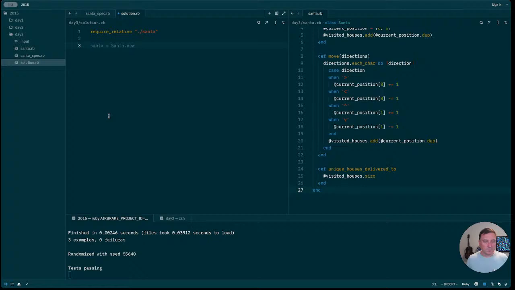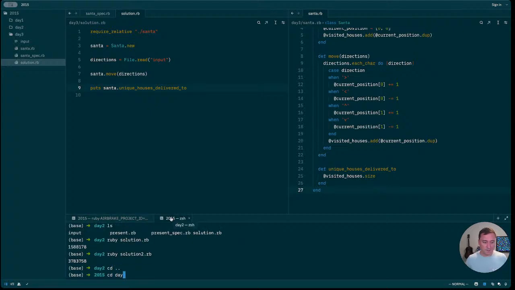We want Santa equals Santa.new. Contents equals File.read input, and Santa.move directions, and then puts Santa.unique_houses_delivered_to. So this one seems pretty straightforward.